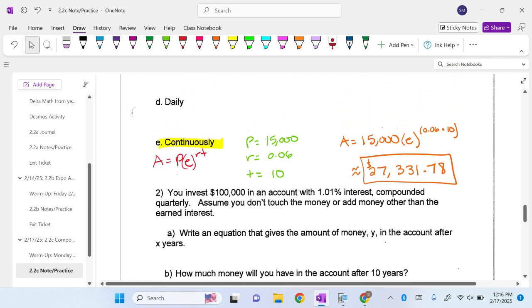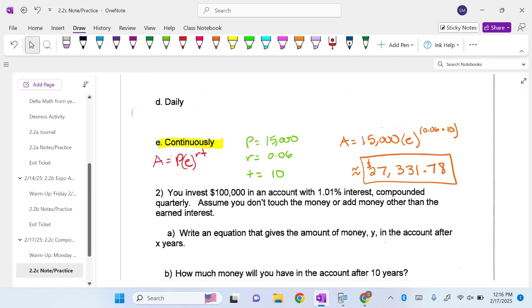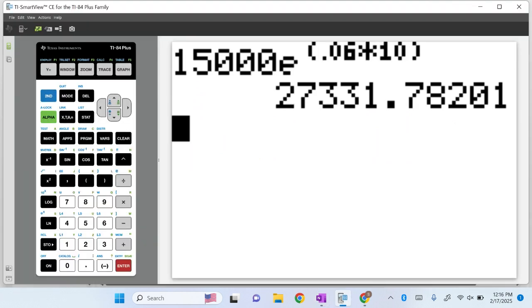Any questions on how to use compounding? Yes. So we always say approximate because technically, if we ever round, it is an approximation. It's not the exact value. If you see a bunch of decimal places and I tell you to round to the nearest cent, you have to say approximation.